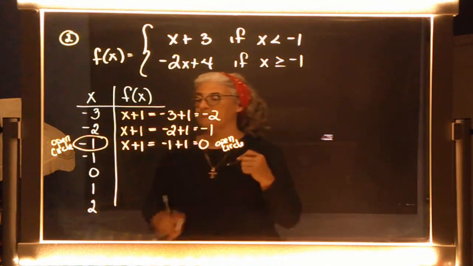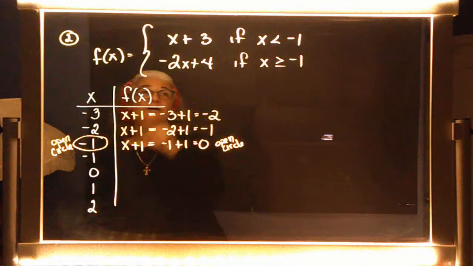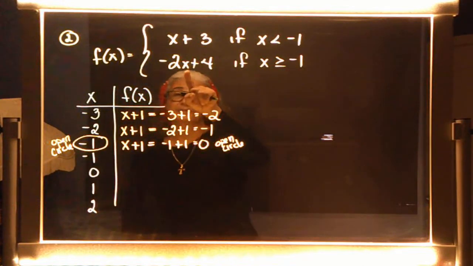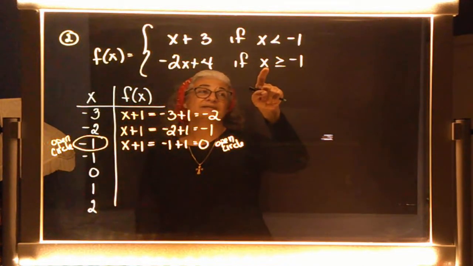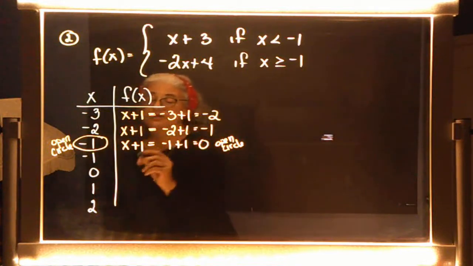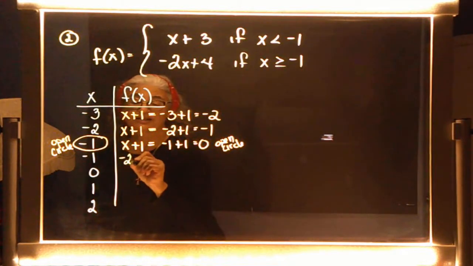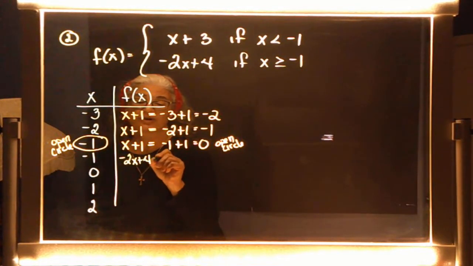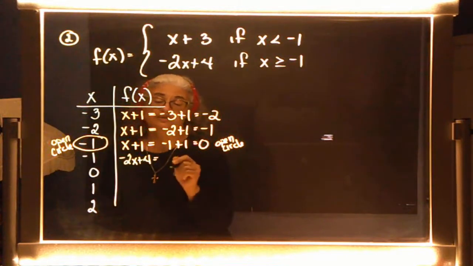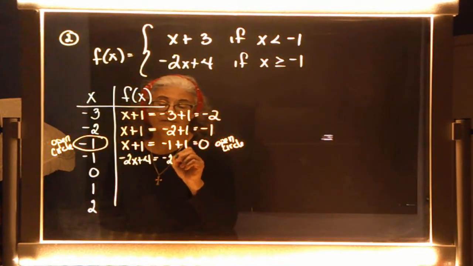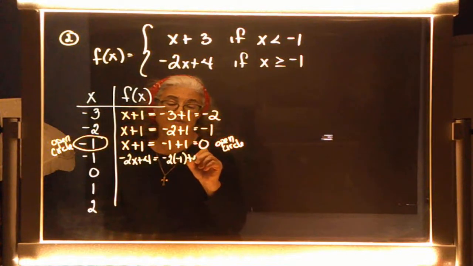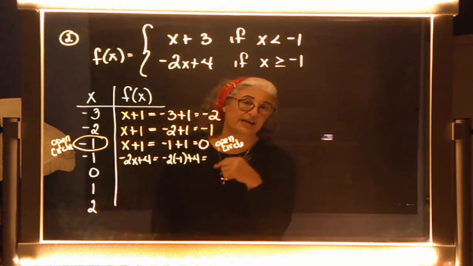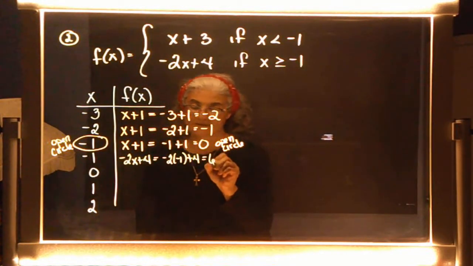Okay? Now, negative 1, I'm actually allowed to use in the second piece, because the second piece says x is greater than or equal to negative 1. So I'm allowed to plug that negative 1 into the second piece. So we'd have negative 2 times the negative 1 plus 4, wouldn't we? What'd you guys get? Good, 6.